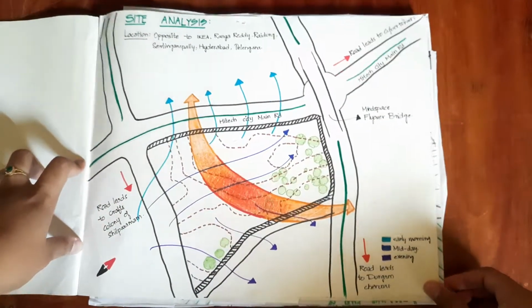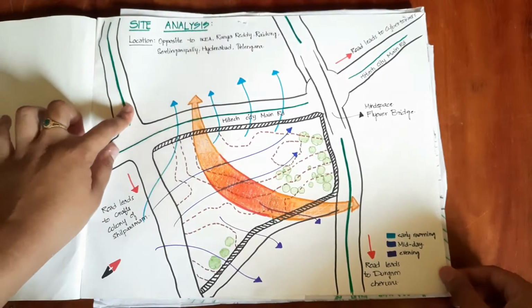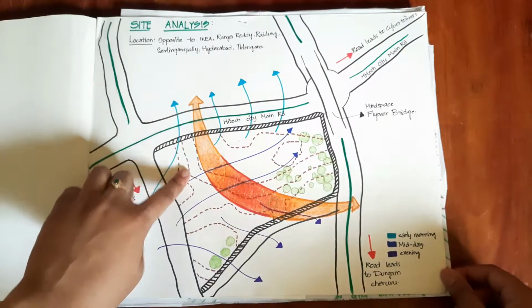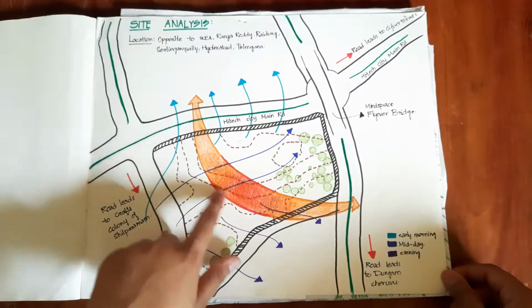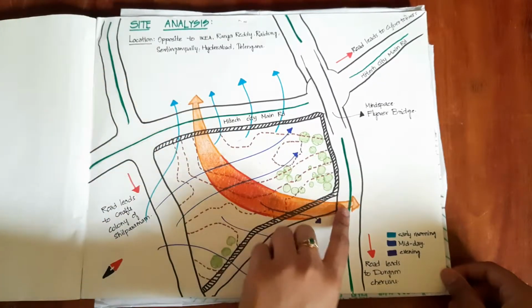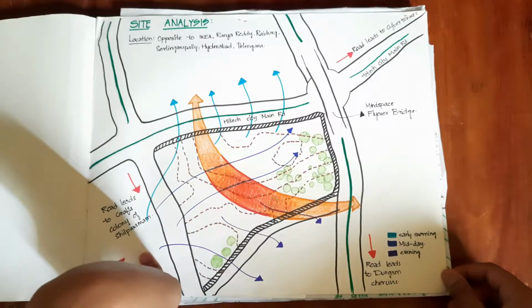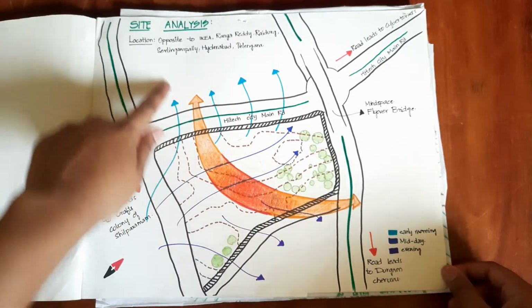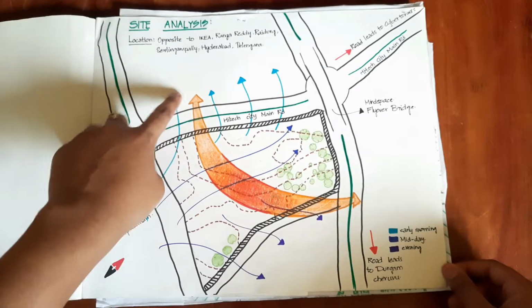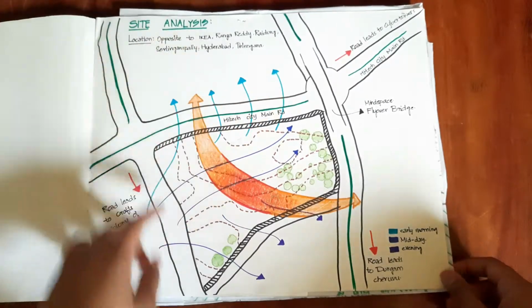So I've started with my site analysis. This is the site of 20 acres and it has some contours just 1 meter to 2 meters high, and I've done the sun path, a north point indication and some wind directions, and I have also mentioned the wind paths happening on site.